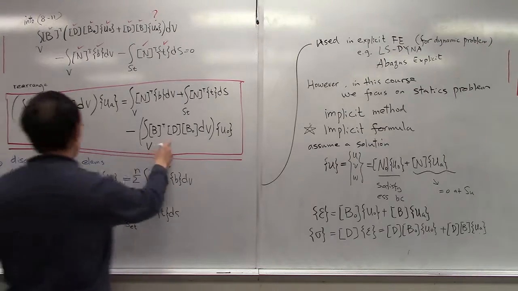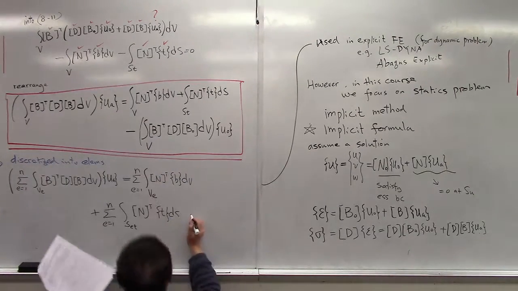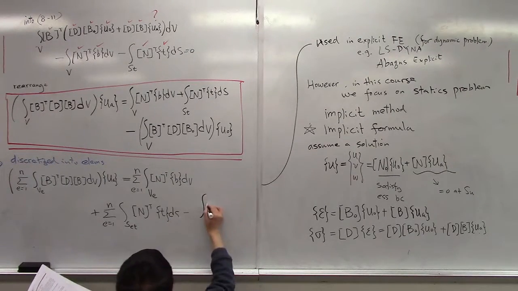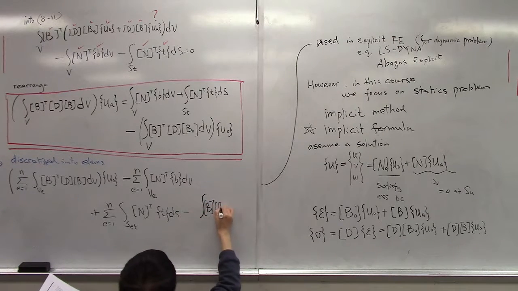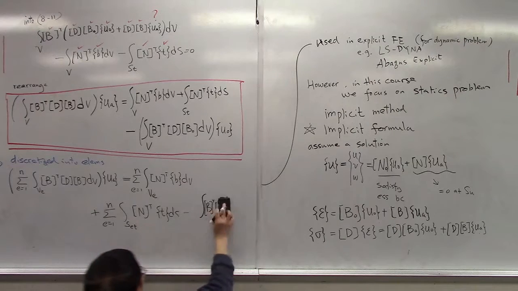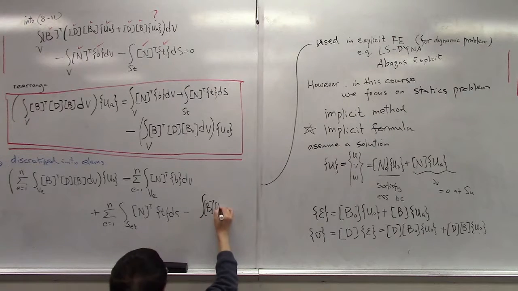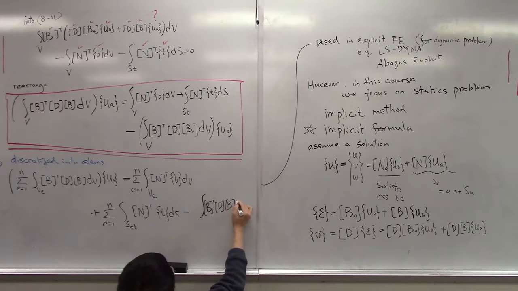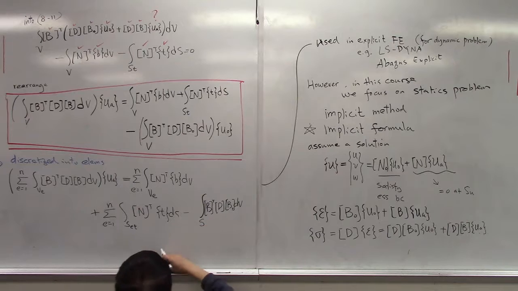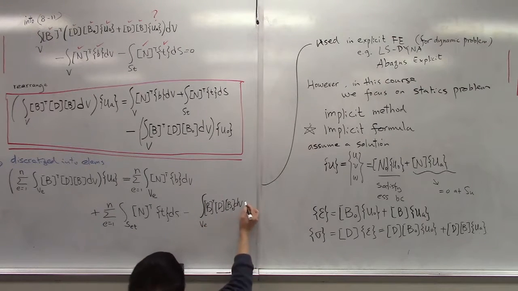And this one is the same, minus B transpose D and then B_0 dV over V element.